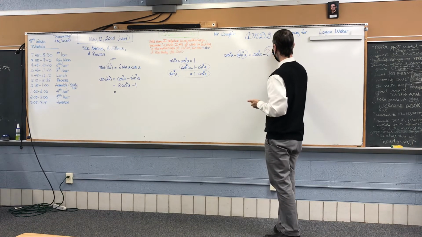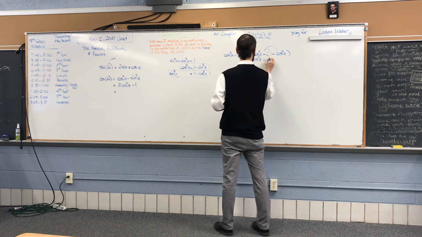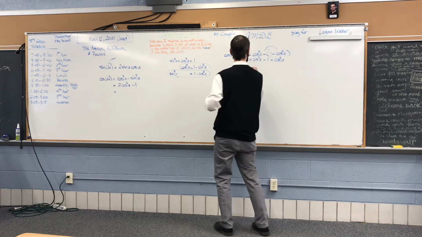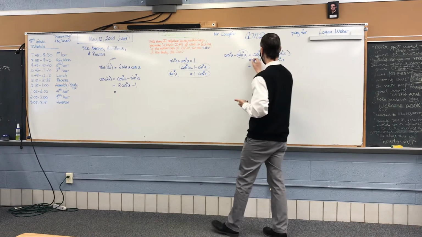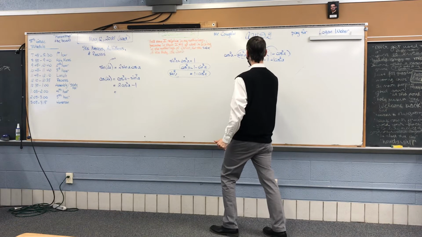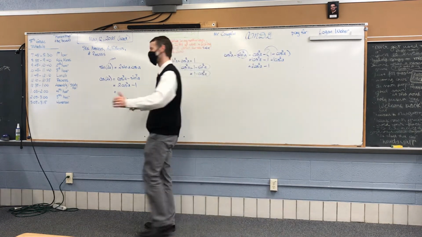Then this will distribute. So it becomes cosine squared of a minus 1 plus cosine squared of a, which is, I think, what you're talking about. And then these are like terms. 1 cosine squared plus 1 cosine squared is 2 cosine squared, minus 1. That's what it is.